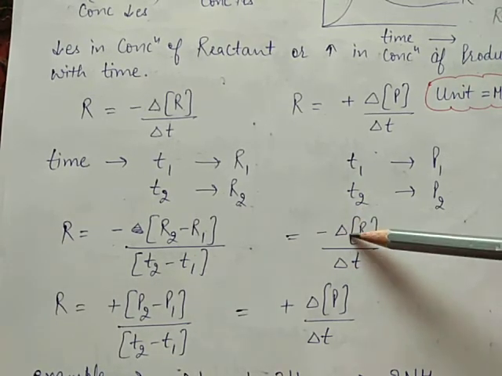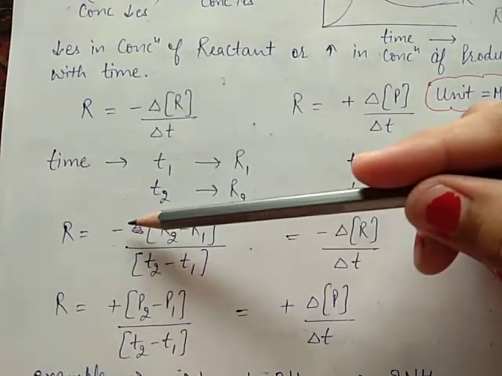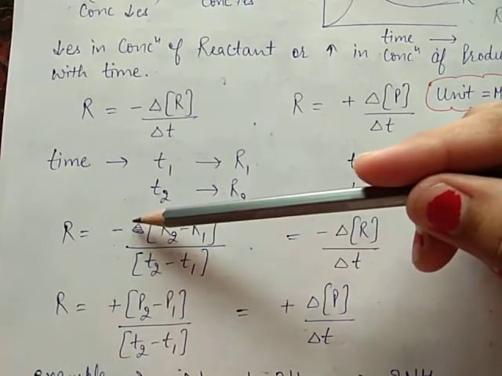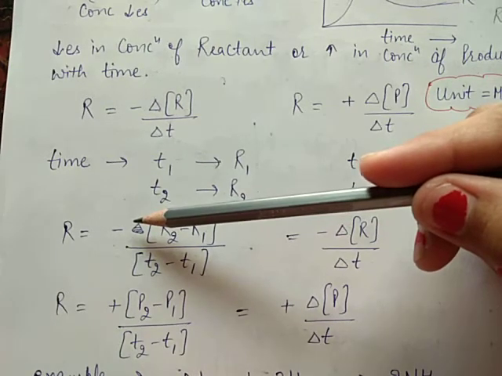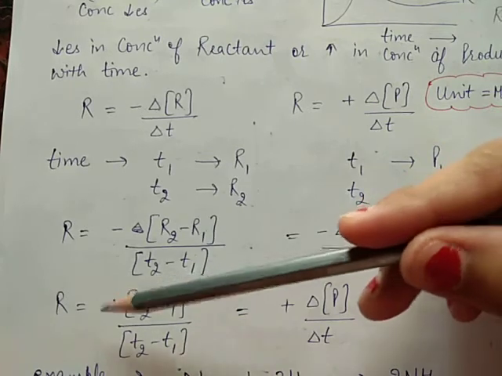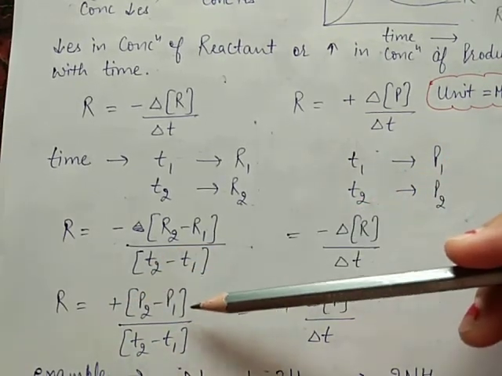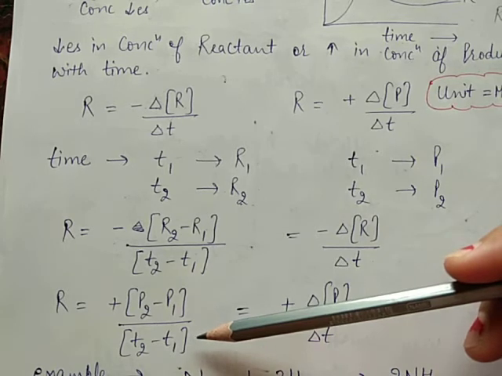Delta shows the total change. The negative sign shows the decrease in concentration of reactant, and R is equal to plus (P2 minus P1) divided by (t2 minus t1).